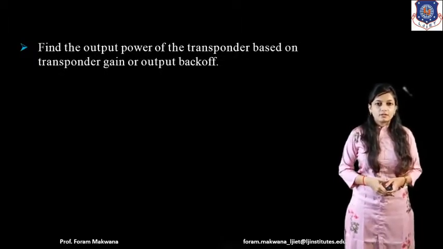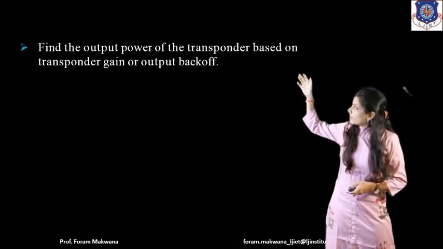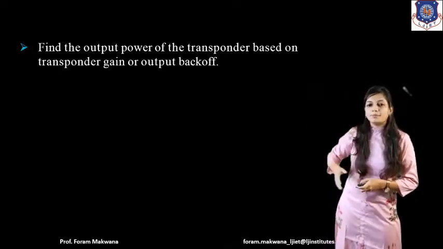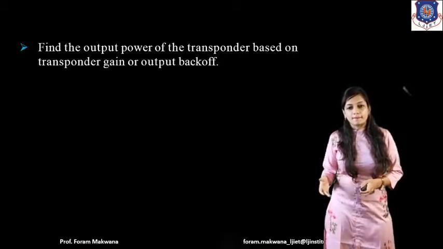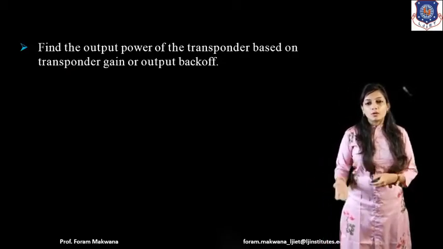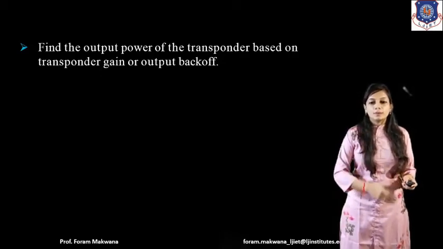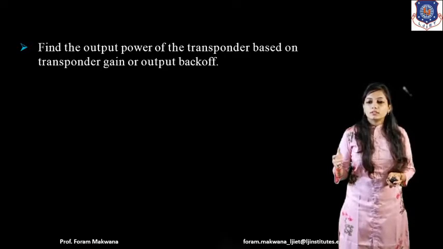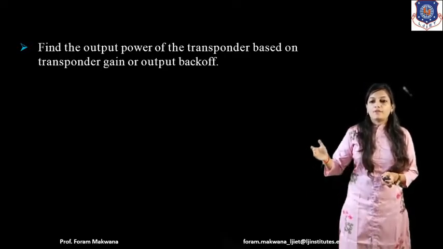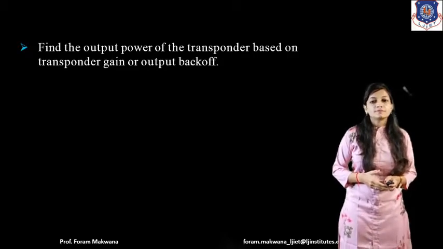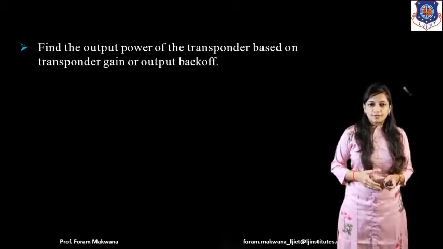After that, we will find what is the output power of the transponder based on the gain, whether I am going to calculate for uplink or downlink. If it is for uplink, we need to consider input backoff. When we are going to deal with the downlink, we need to consider the output backoff, right?